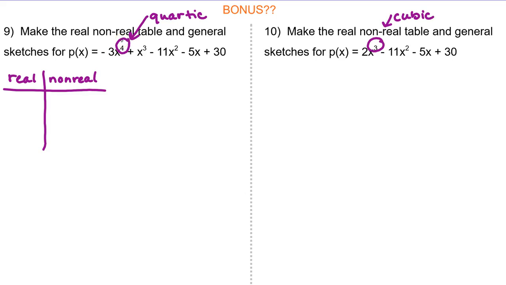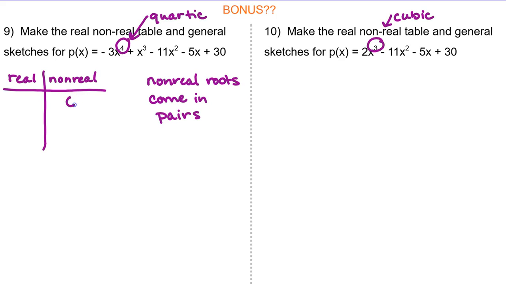And if you recall, we learned earlier that non-real roots always come in pairs, because the way you would find them is using the quadratic formula, and you would have something plus or minus the square root of a negative something. So always coming in pairs. That means you could have 0 of them, or 2 of them, or 4 of them, some even number.